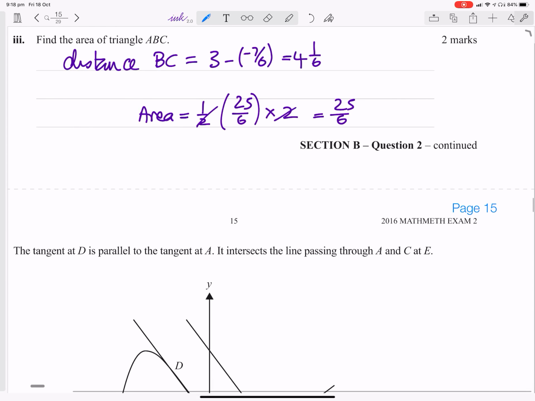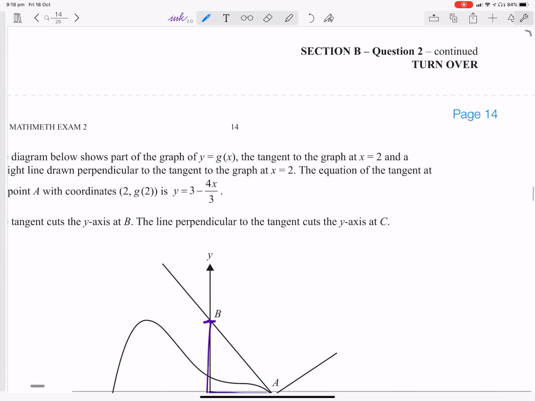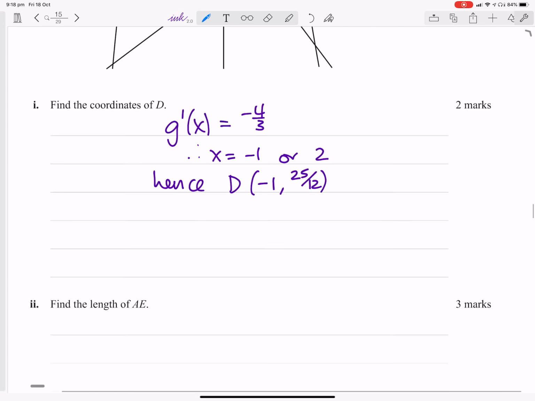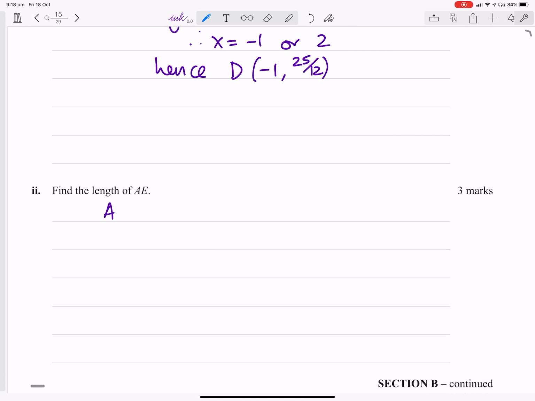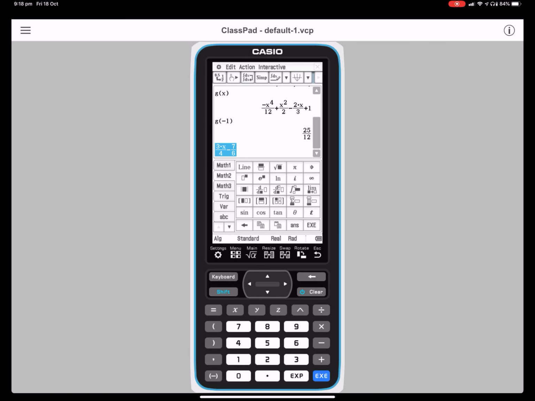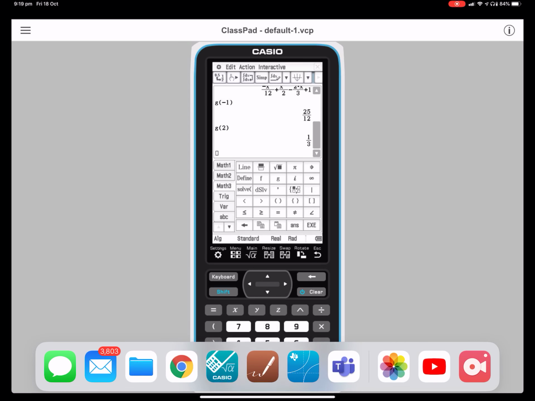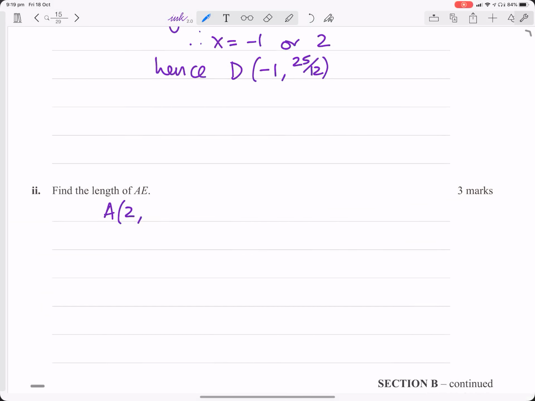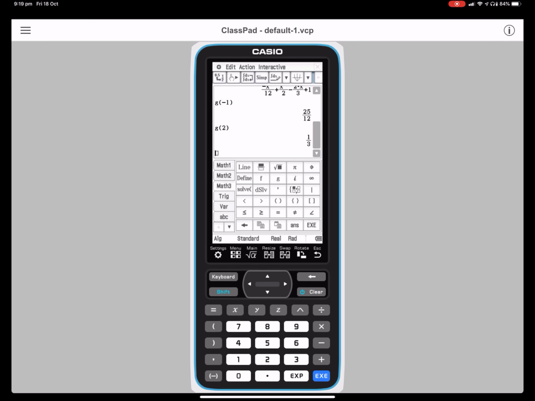So we know A is 2, g of 2. What's g of 2? 1/3. And we know the normal, that's that.